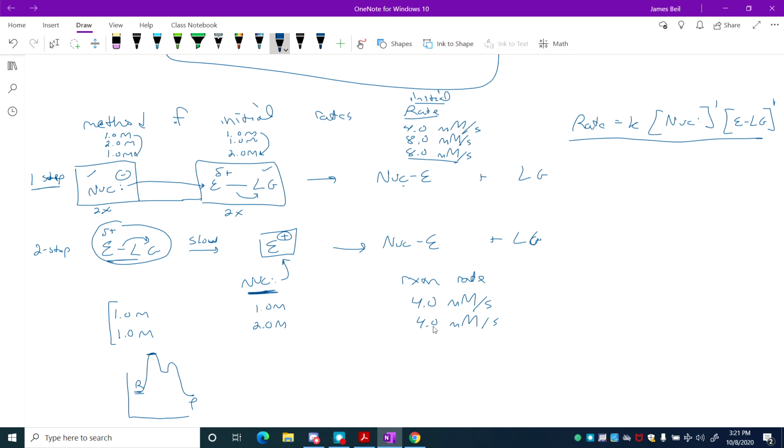And so I don't see an increase in the rate. So that would tell me that the rate law includes the nucleophile to the 0th order, or it's a 0 order reactant, because changing its molarity doesn't affect the rate because it's not involved in a collision in the main step that actually affects how often product is produced.